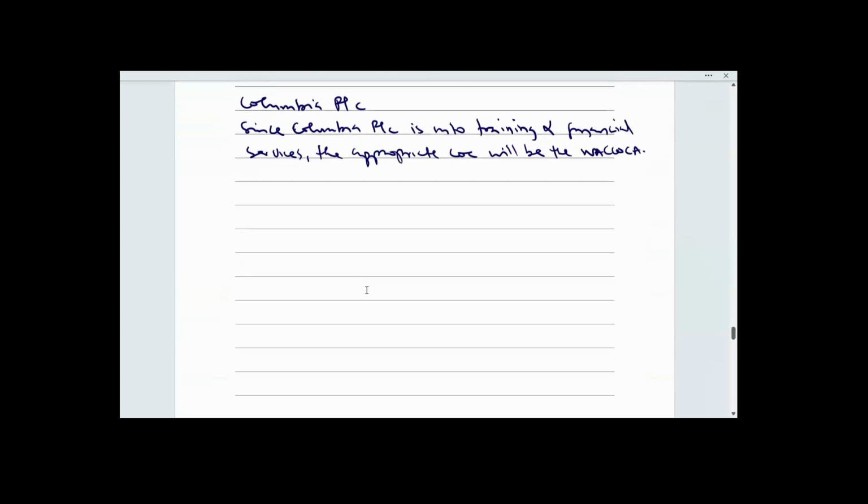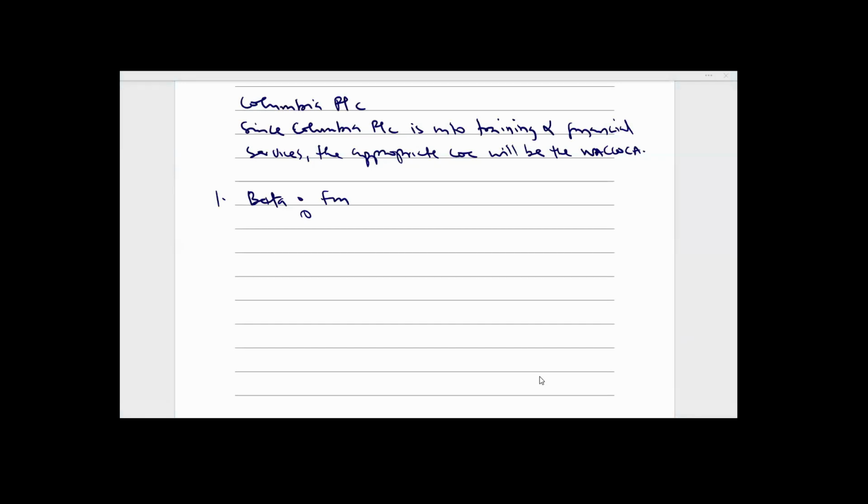So step 1, we want to identify the beta of each activity. There's no need for you to say identify the beta of each activity. Just say beta of each, beta of financial, which one comes first? Is it financial or training? According to the question, training comes first.